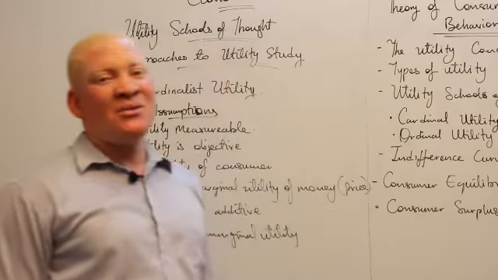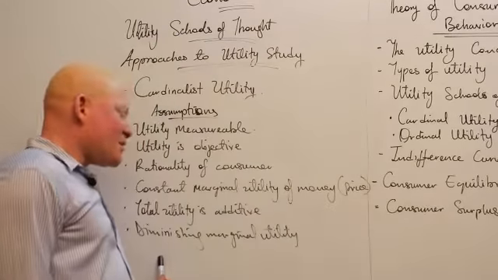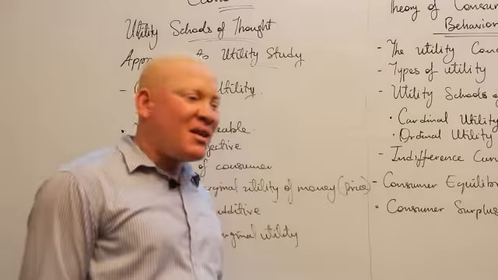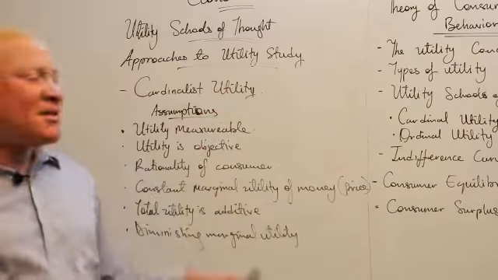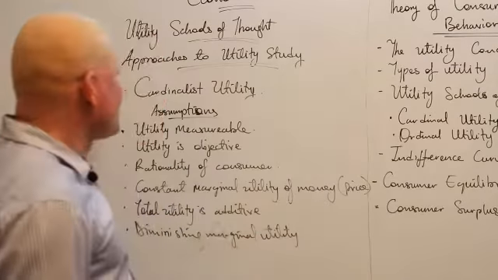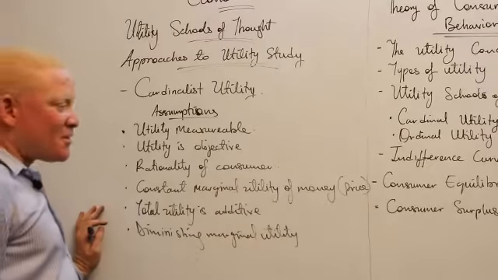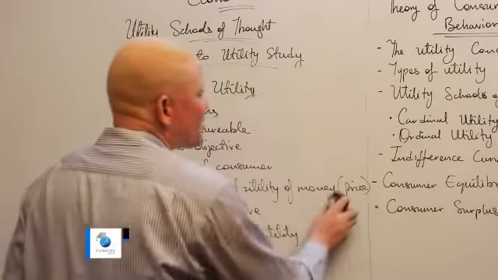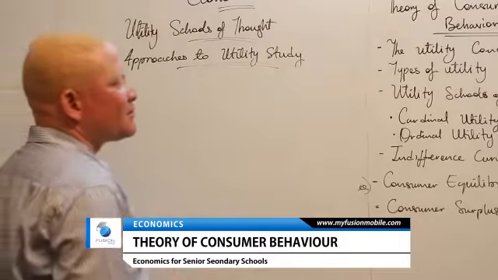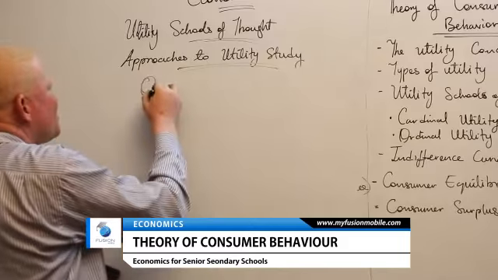In that case, you will desist from consuming it. That is diminishing marginal utility: as more of a commodity is consumed, the less the satisfaction or level of utils derived. And that is the assumptions concerning the cardinalist school of thought, or cardinalist utility. Now the next point, we'll look at ordinal utility, the ordinalist school of thought.